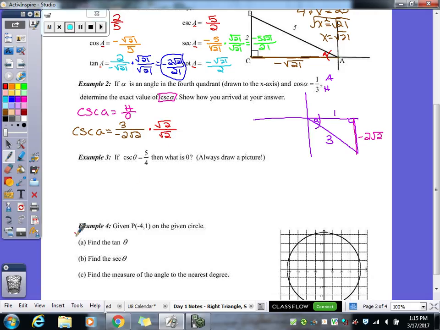Multiply both top and bottom by our radical 2. So 3 times radical 2 gives me 3 radical 2. Negative 2 radical 2 times radical 2 gives us negative 4. And there's our exact value. So as I said, that's one way you could do it. The other way is some people find the sine value and then just flip it.